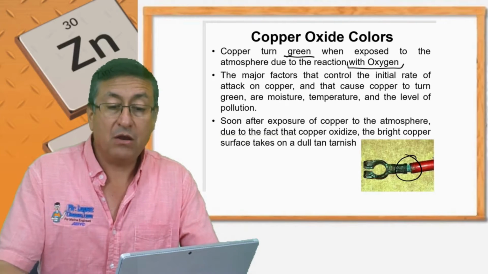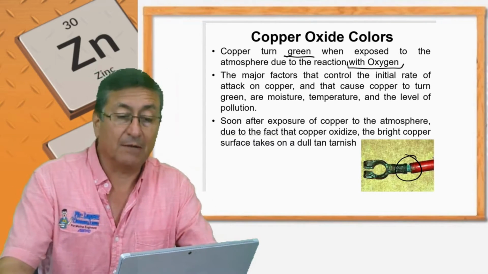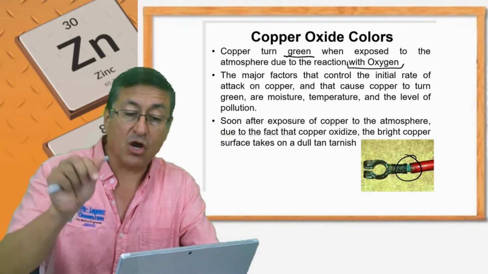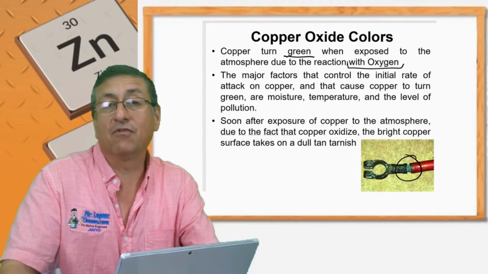Copper turns green when it's exposed to the environment in combination with oxygen. The major factors that control the initial rate of the attack on copper are the moisture, the temperature, and the level of pollution.